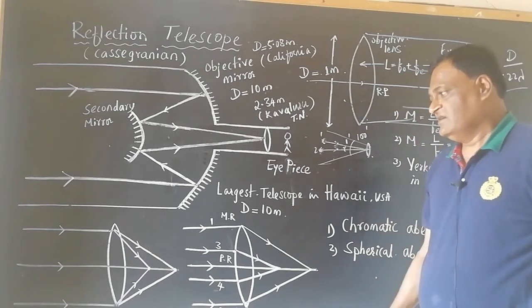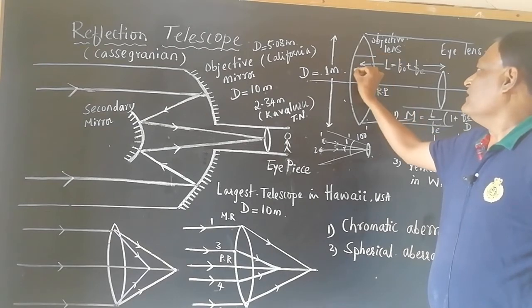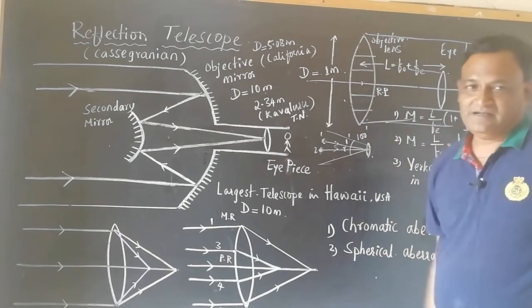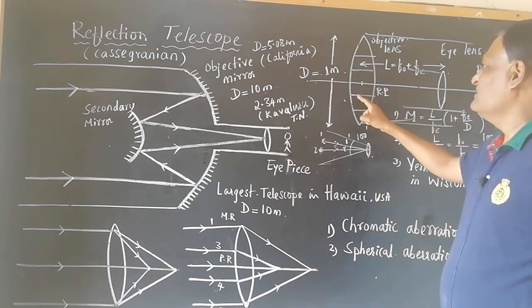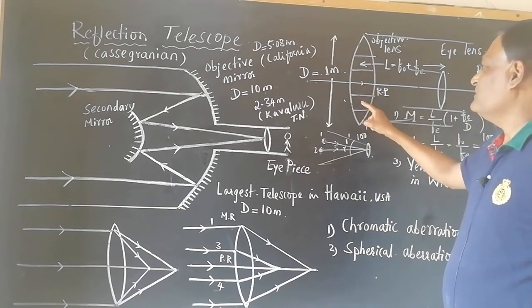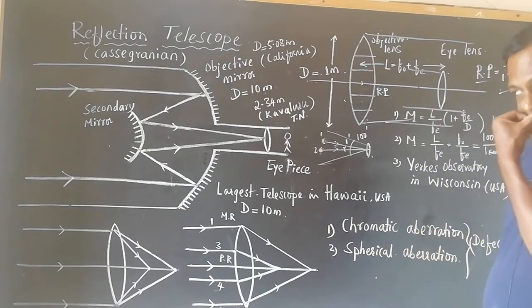Apart from this, a lens can be regarded as made up of a number of prisms. Here these are the extreme prisms, part of the prism. The mid part acts as a rectangular slab.